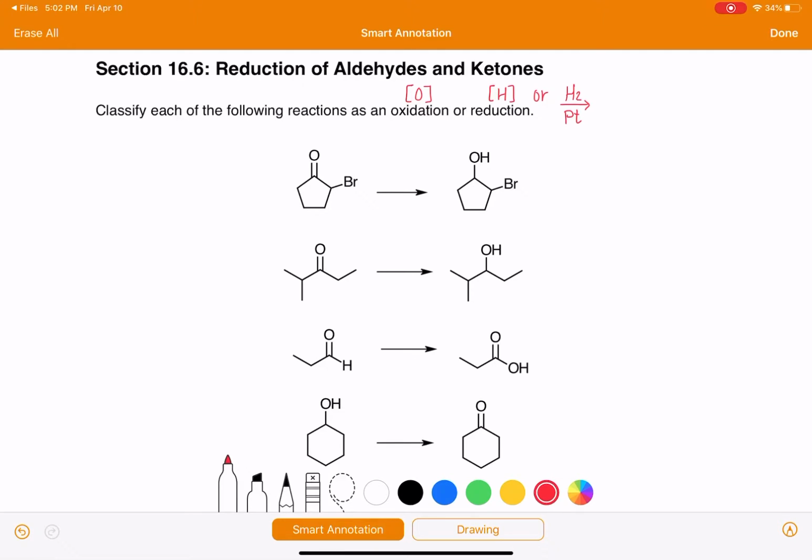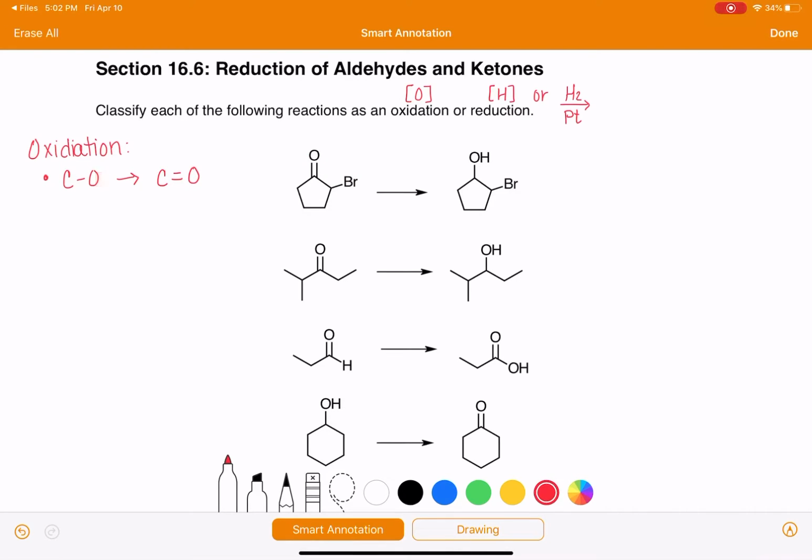So how are we going to look at a reaction and classify it as being either oxidation or reduction? What kind of things are we going to look for? So I'm going to give you some tips of things to look for. If you are looking at an oxidation reaction, one of the things that you might see happening is a carbon-oxygen single bond turning into a carbon-oxygen double bond.